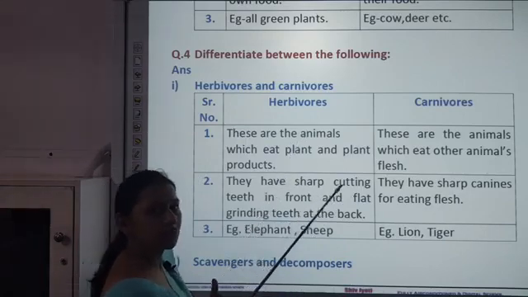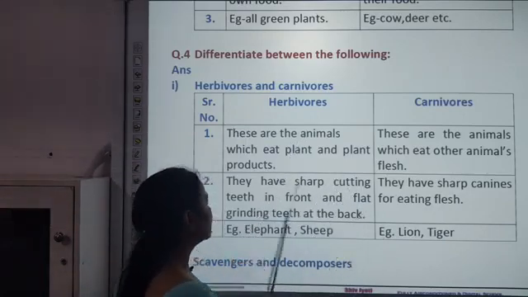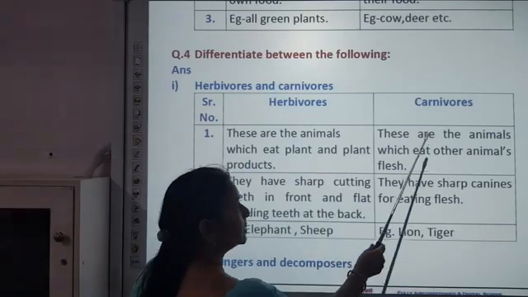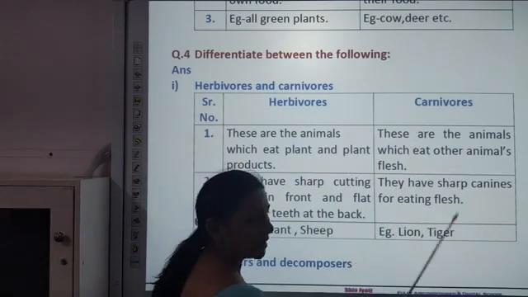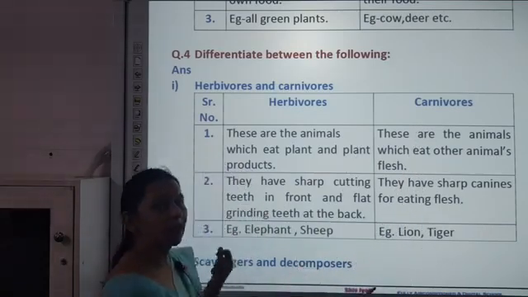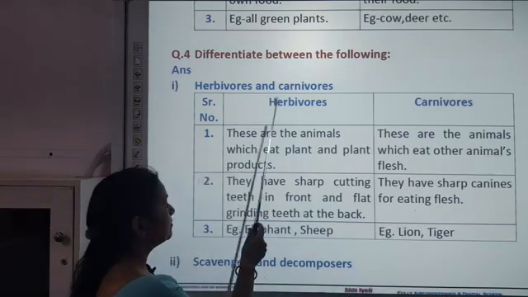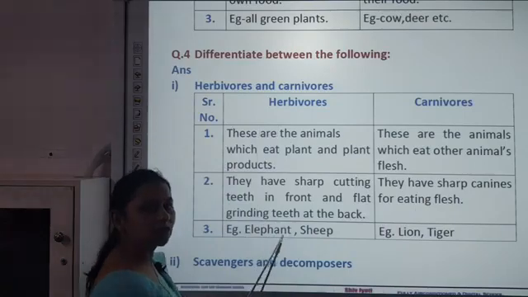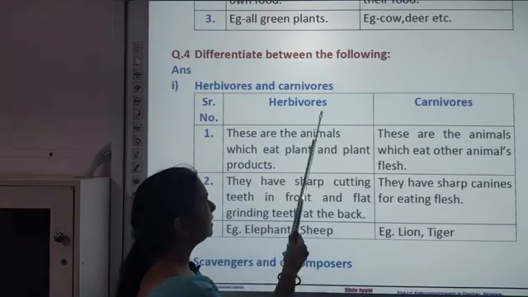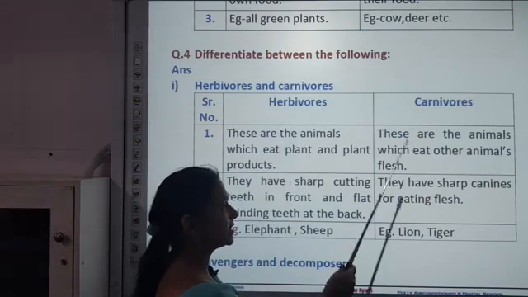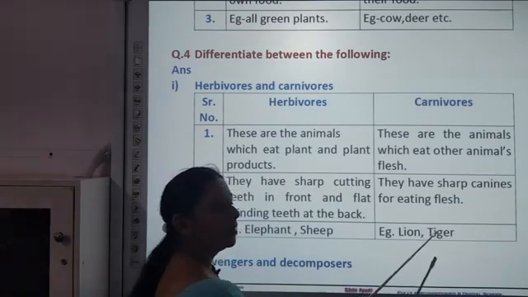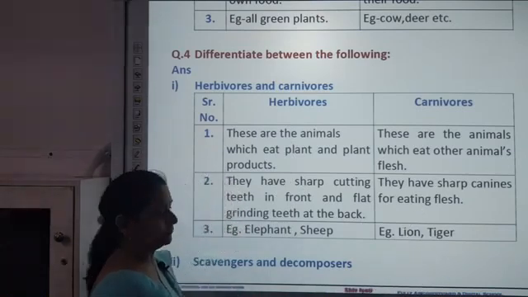Plant products are chewed properly by their flat grinding teeth. Carnivores have sharp canines because they need to tear the flesh for eating. The examples of herbivores are elephant, sheep, cow, buffalo, whereas examples of carnivores are lion and tiger.